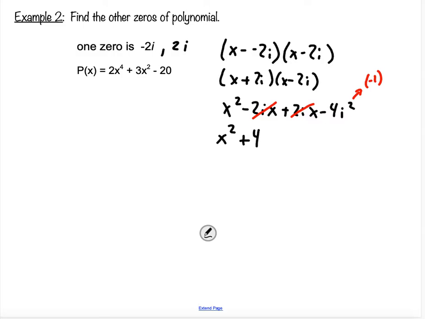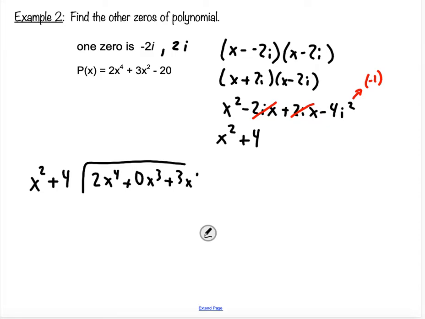So let's come over here and use our long division, because we need to figure out another quadratic so we can find the other zeros. So remember how this goes. 2x to the 4th, there's a term missing in there, so 0x to the 3rd plus 3x squared, and there's another term missing.